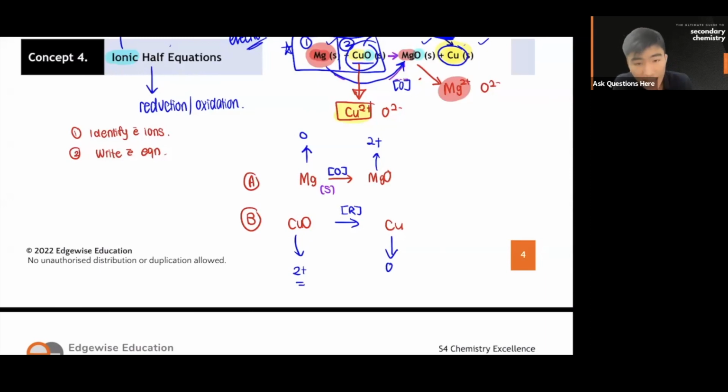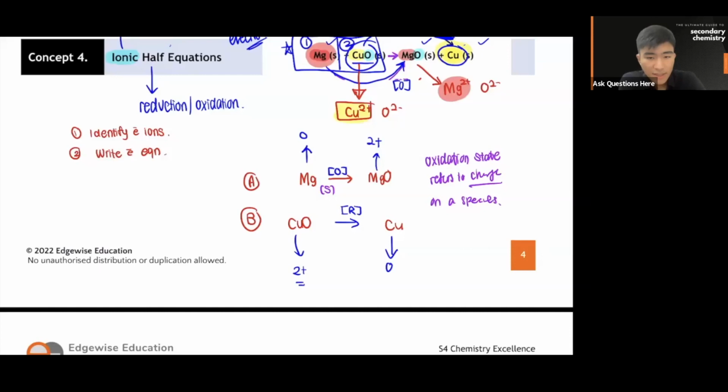Now, the term oxidation state refers to the charge of the species, so you must write down with me: the term oxidation state refers to the charge on a species, whether it is an ion or an atom.